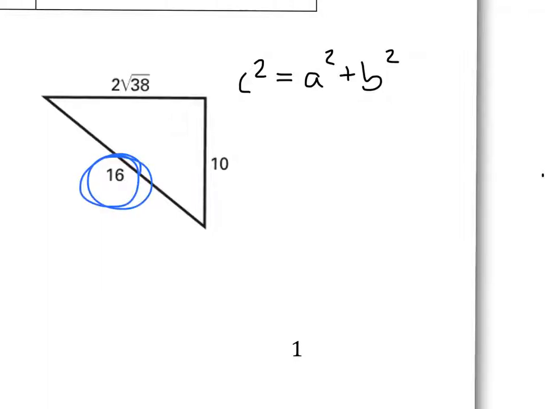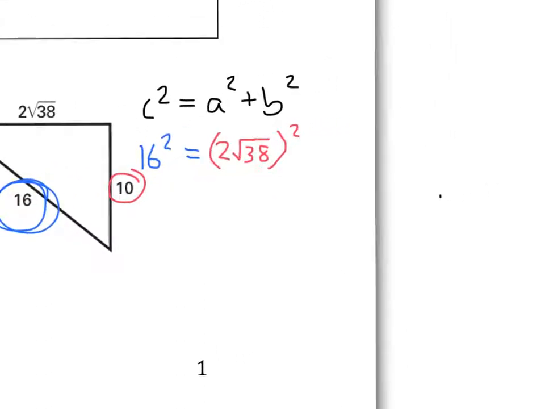This is my longest side, so I'm going to put 16 squared over there. Then I'm going to put 2 radical 38. And don't forget to put parentheses around that to square it, because both the 2 and the radical 38 will be squared. And then the 10 is also being squared as one of the legs.